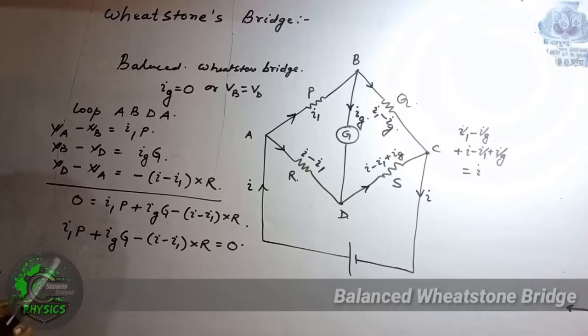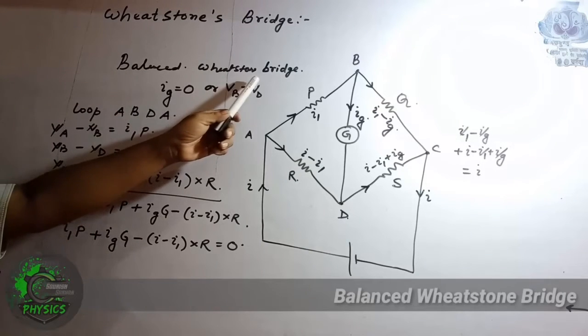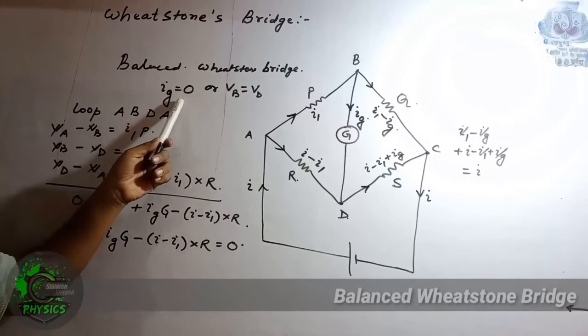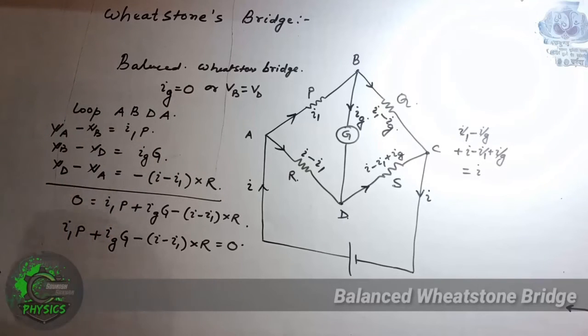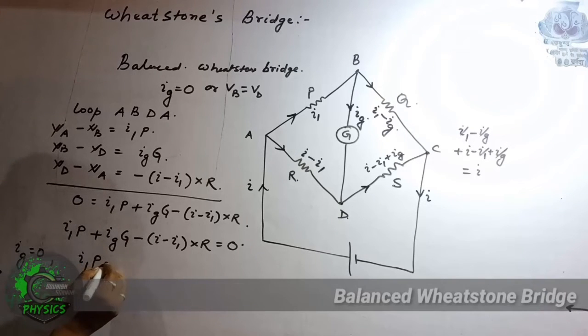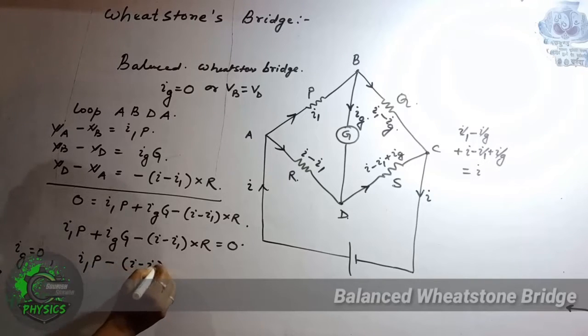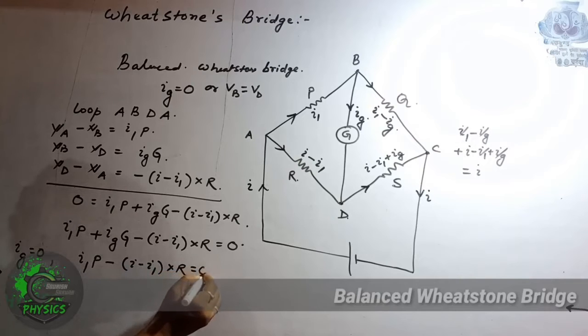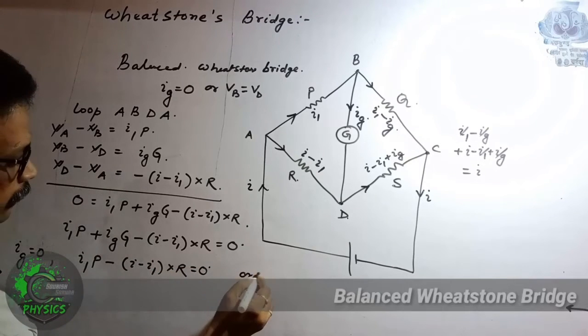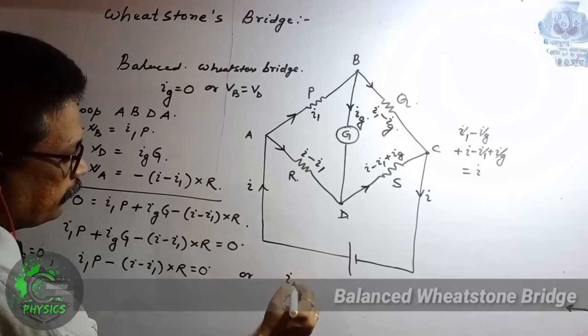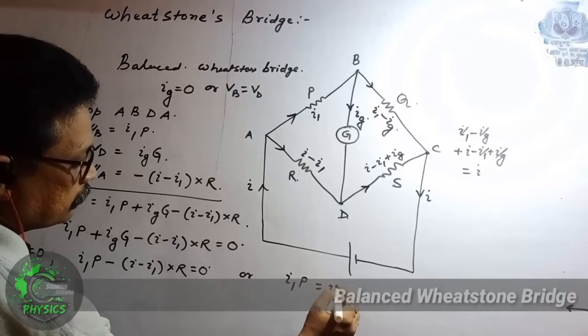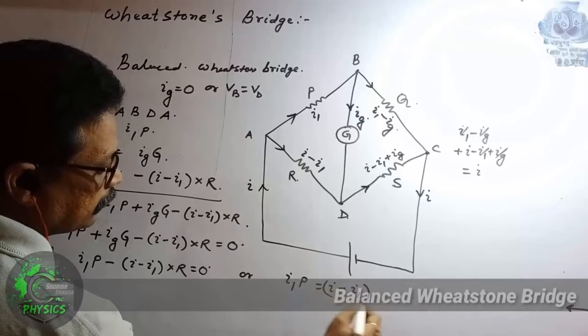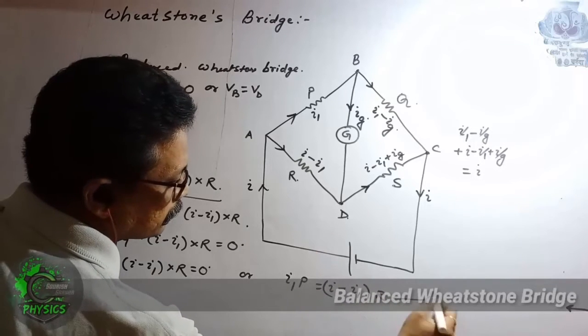Now if you consider the condition of a balanced Wheatstone bridge, then Ig must be taken as 0. So taking Ig equal to 0 for a balanced bridge, what can we write? I1P minus I minus I1 into R equals 0, or we get I1P equals I minus I1 into R. This is equation 1.